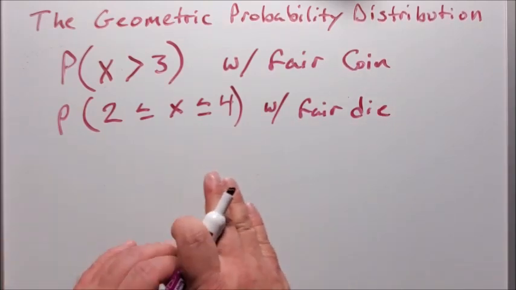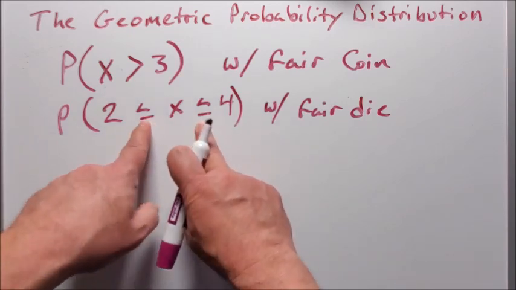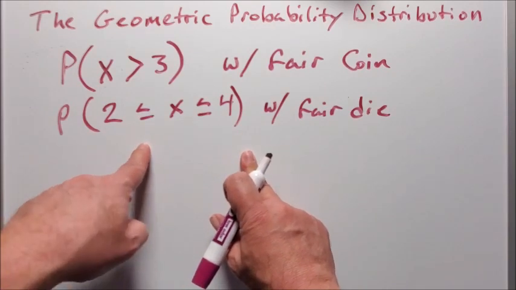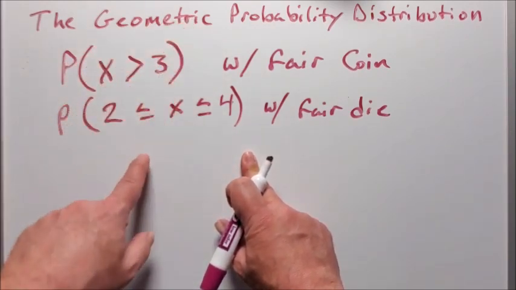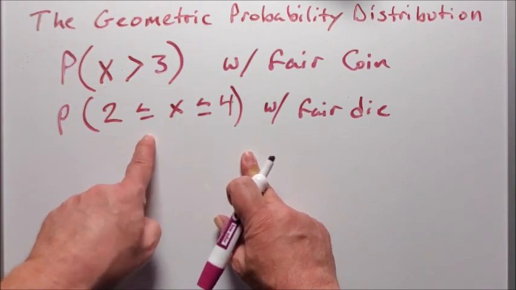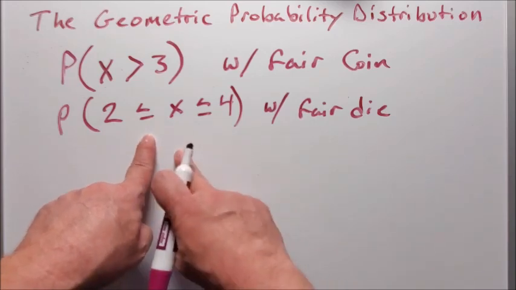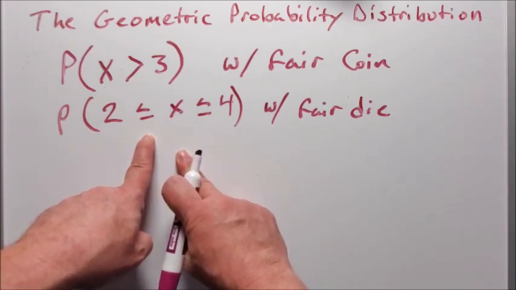Let me ask you to remember something. We treat inequalities differently when we're talking about discrete and continuous probability distributions. This geometric probability distribution is actually discrete. I drew it earlier with a smooth line because I wanted to show the sort of curve that it represents.